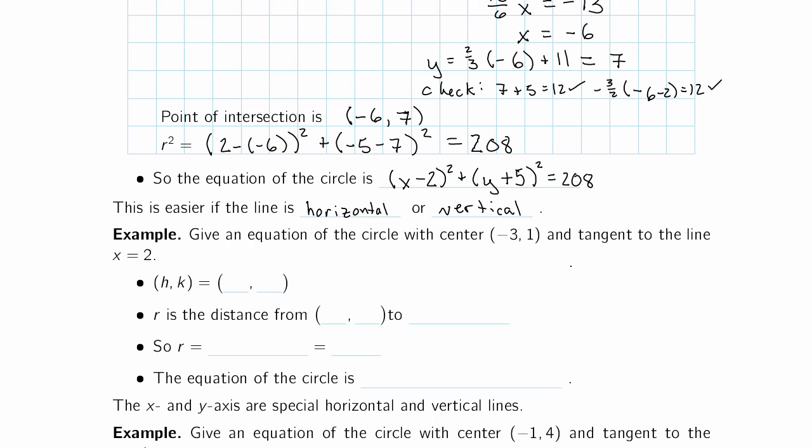We'd like to give the equation of a circle with center at (-3, 1), tangent to the line x equals 2. Our center is (-3, 1). The distance from that point to x equals 2 will give us the radius.